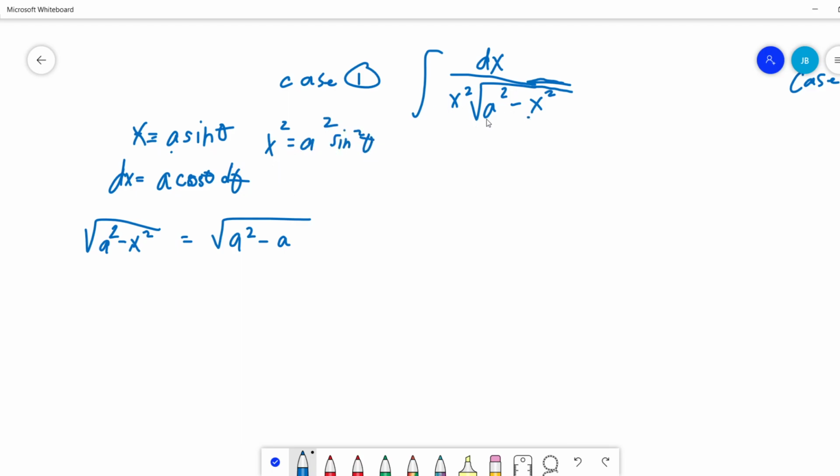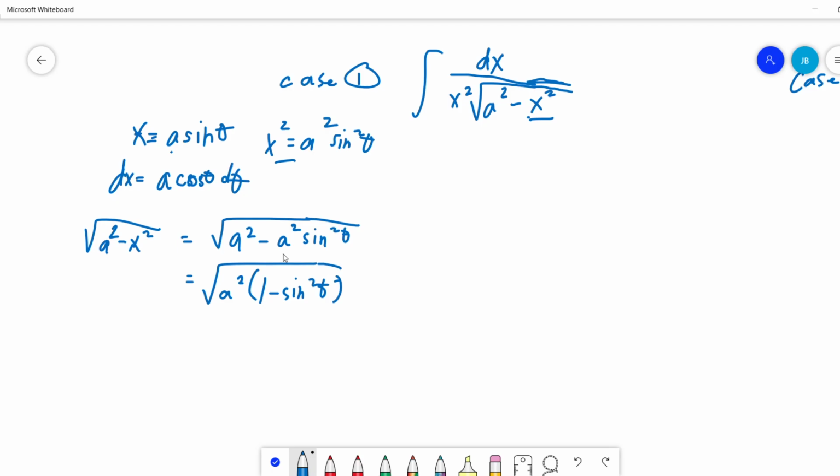So we are going to simply substitute that one into this one. That's a squared minus a squared sine squared theta. To simplify, you have a squared times 1 minus sine squared theta. What is the square root of a squared? That is a, right? And 1 minus sine squared theta is equivalent to cosine squared theta.